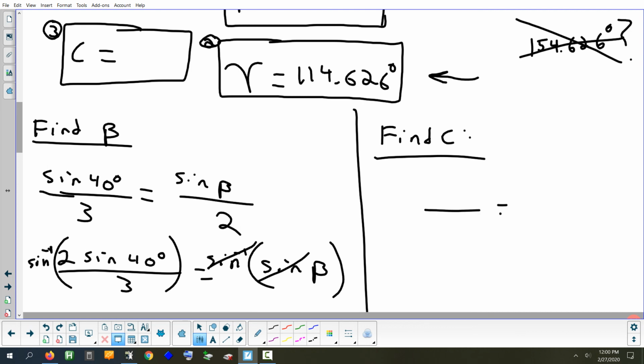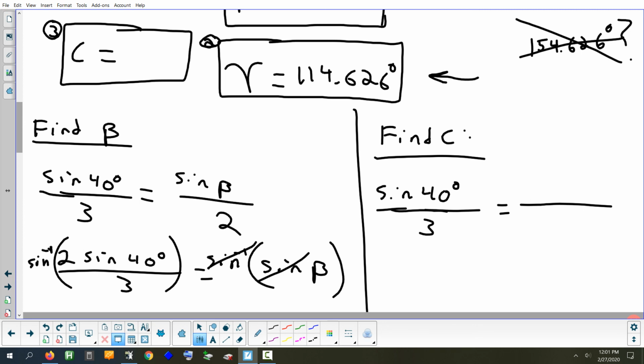Okay. What can I put on the left-hand side of my proportion to find C? Yeah, we're going to go back to the row we started with. We're going to use that row for everything. Good job. Problem is we didn't know the angle across from C, but now we do.